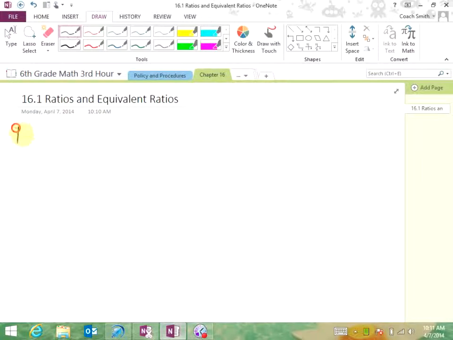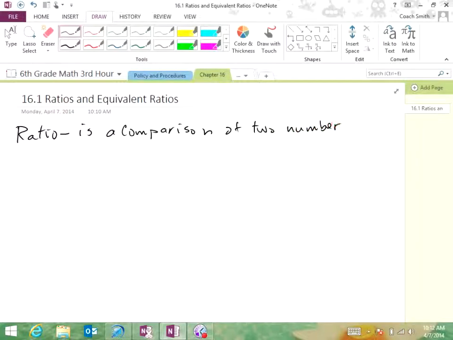Ratios. Okay, ratio, let's make it singular. Ratio is a comparison of two numbers or quantities by division.